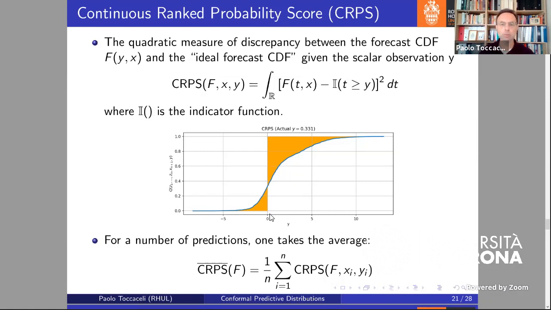What we are doing here is looking at the discrepancy between our forecast and the oracle's, squaring it, and integrating it over the horizontal axis. For a number of predictions, one takes the average, and this is what you get out of the CRPS.